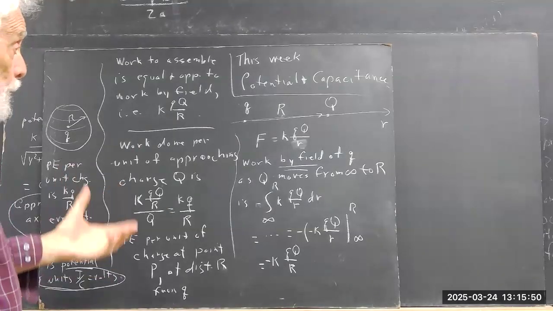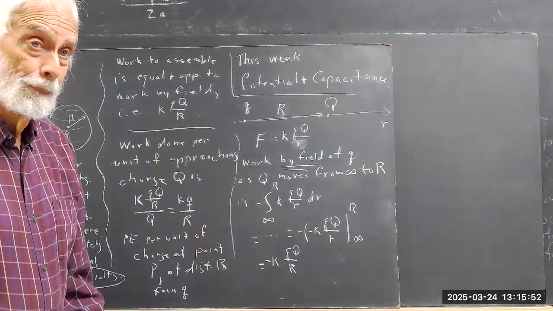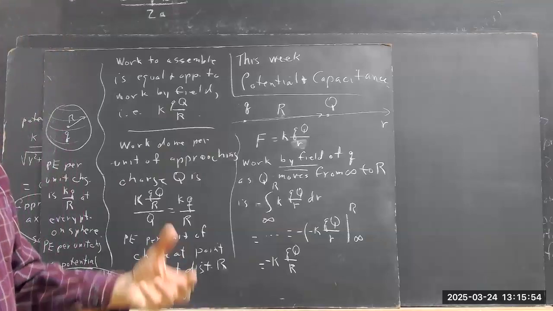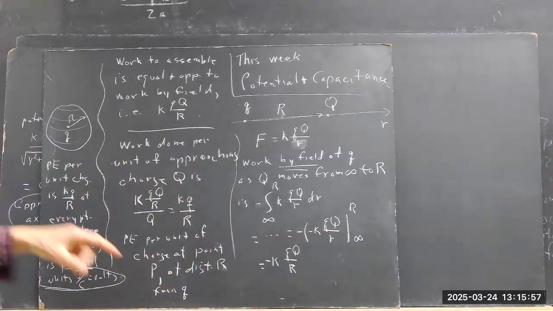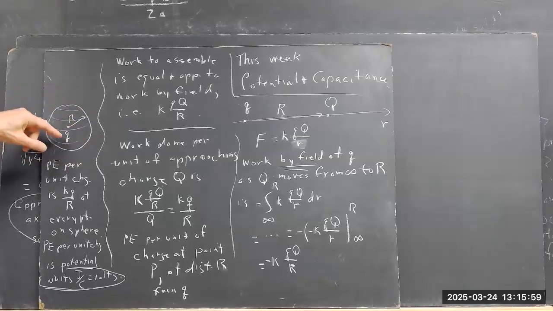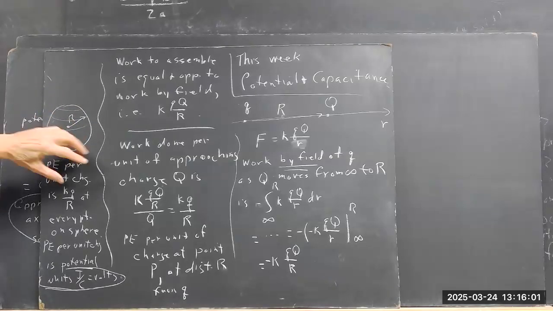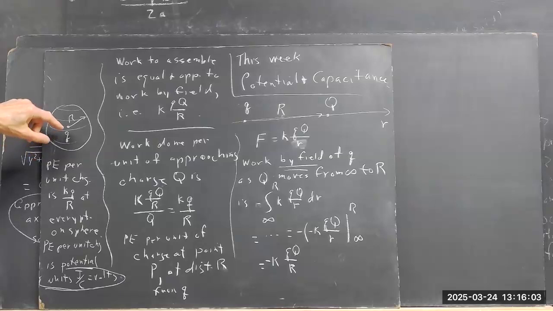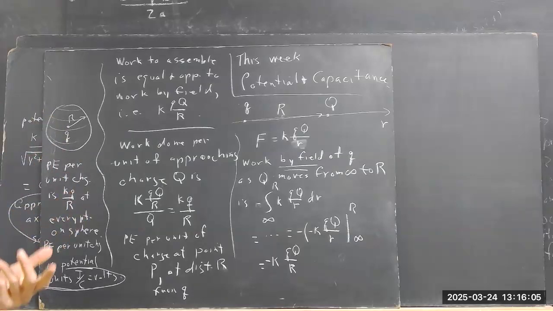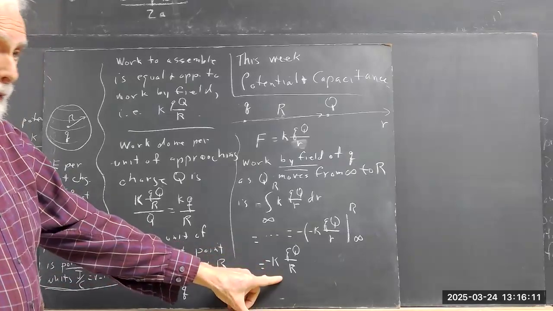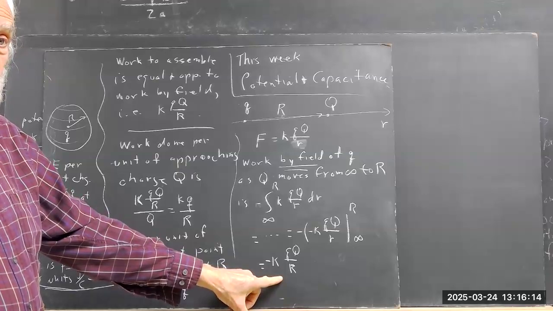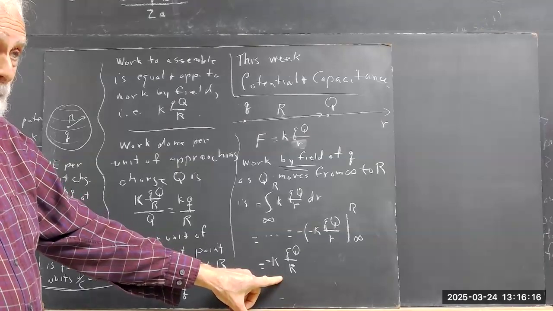And if the point is a distance r, then you have the same result everywhere on that sphere surrounding this charge. That's an equipotential surface for this particular charge. And it has units of what? This has units of work, SI units of joules.